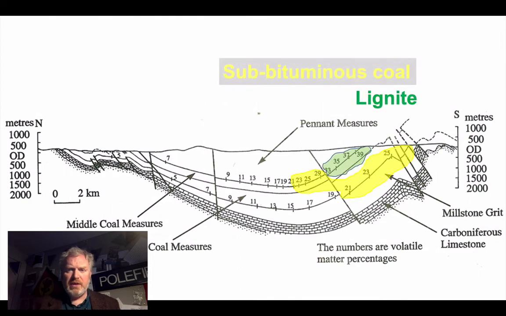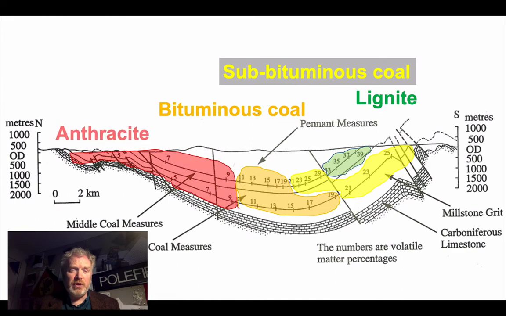We have some lignite, some subbituminous coal, the bituminous coal, that's the famous Welsh steam coal that was exported around the world, has even been found on the Titanic. And finally then the very high value, very clean burning anthracite that we find particularly in the northern part of the coalfield.